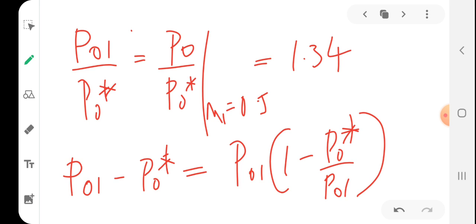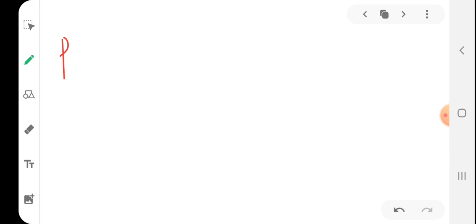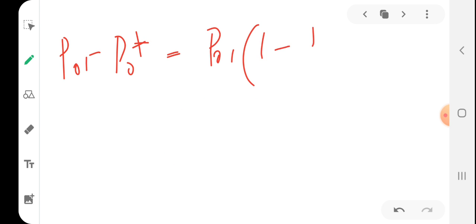P0 star by P01 at Mach number equal to 0.5 is the inverse of 1.34. So P01 minus P0 star can be written as P01 into 1 minus 1 by 1.34.